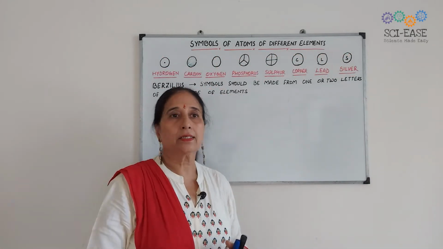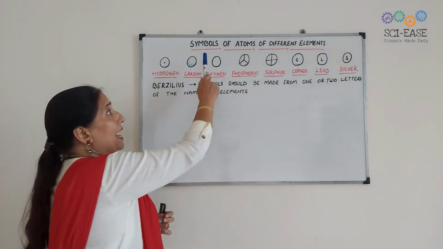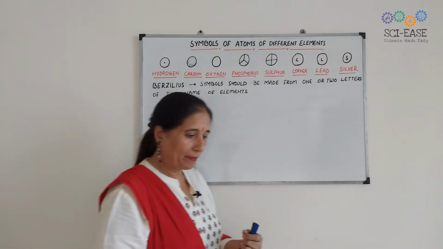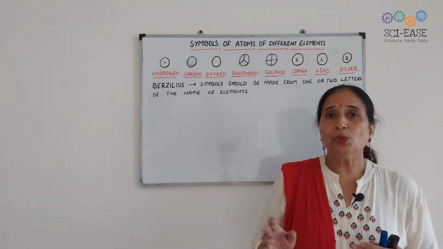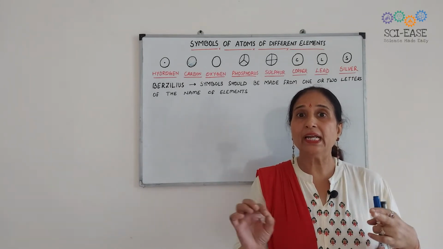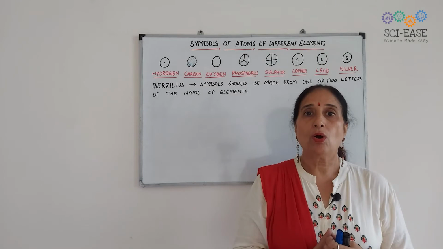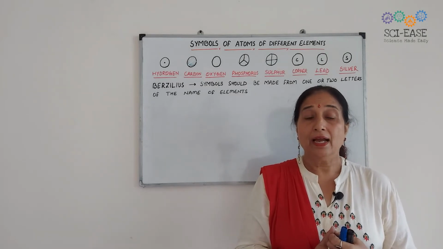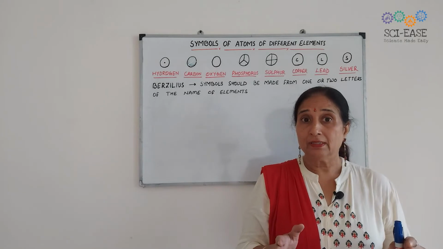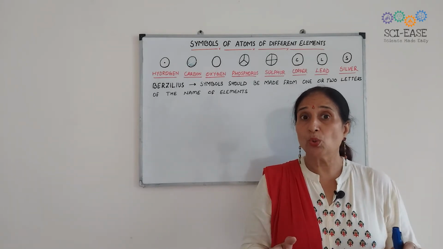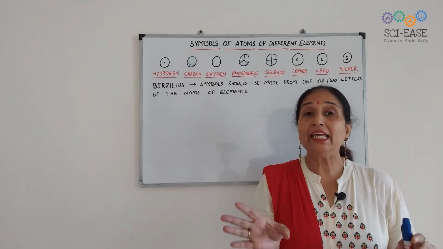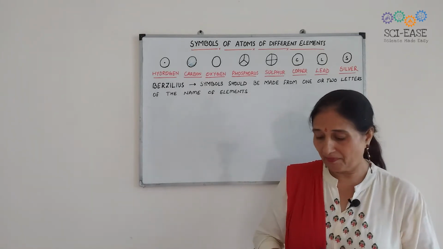Now next is symbols of atoms of different elements. You know that writing very long names of the elements is very tough, and also that name does not provide any information to us.